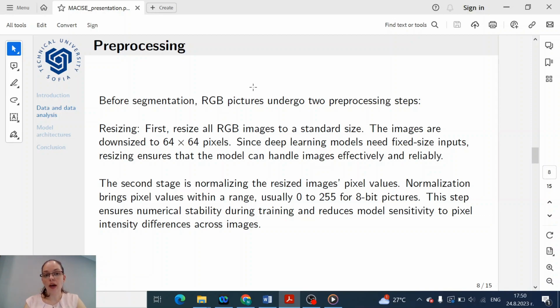First of all, we have our RGB images, which are resized to 64 by 64 pixels, and after that we normalize the pixels from 0 to 255, which stands for 8-bit images. This step will ensure numerical stability during the training and will reduce model sensitivity to pixel intensity differences across the images.